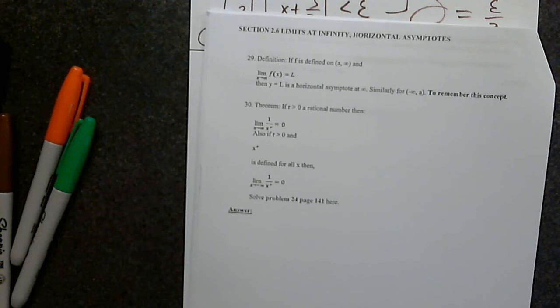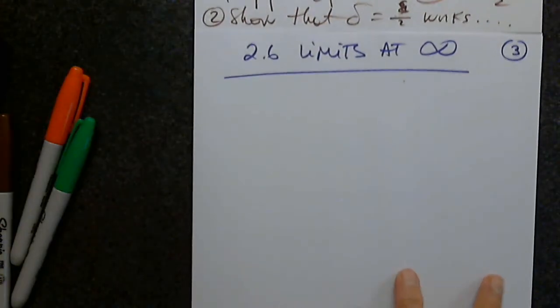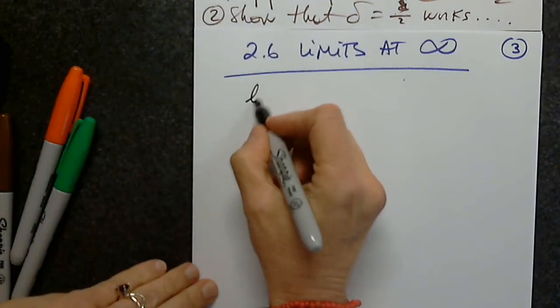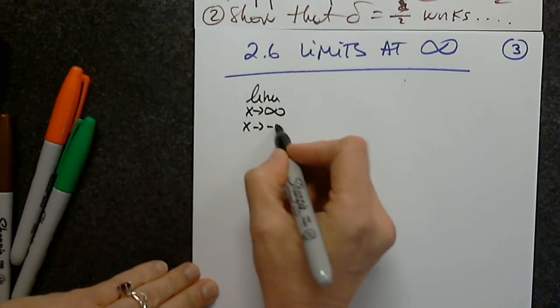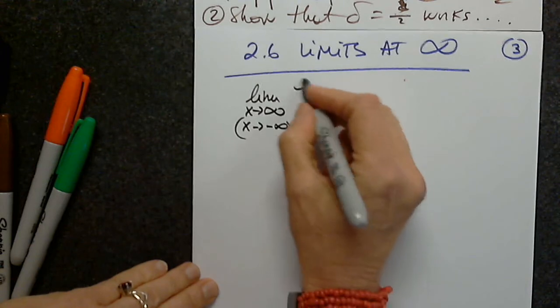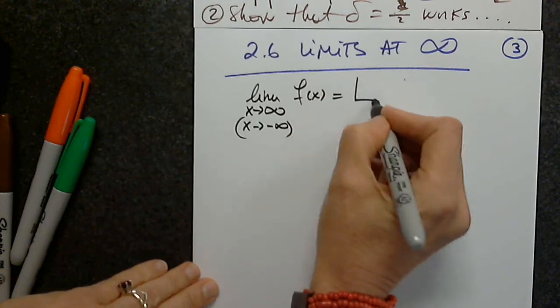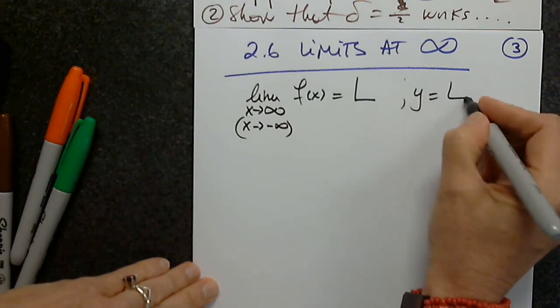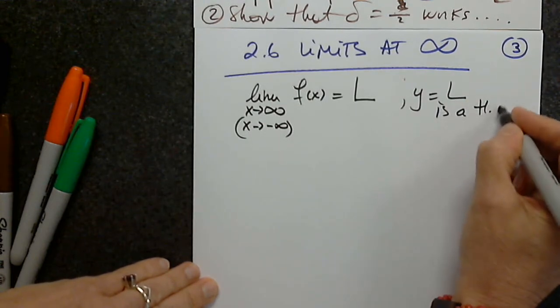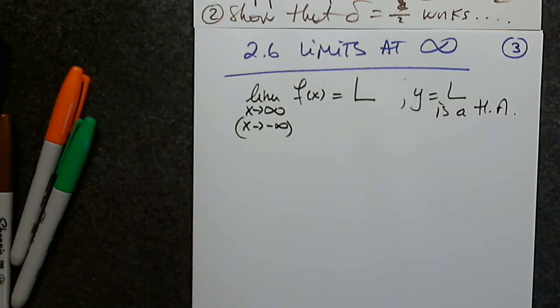So we may have to study both, depending on the problem. So let's write this: if the limit as x approaches infinity or negative infinity, depending on the function, is a number L, then y equals L is a horizontal asymptote.